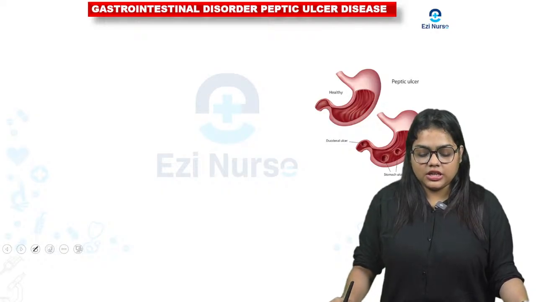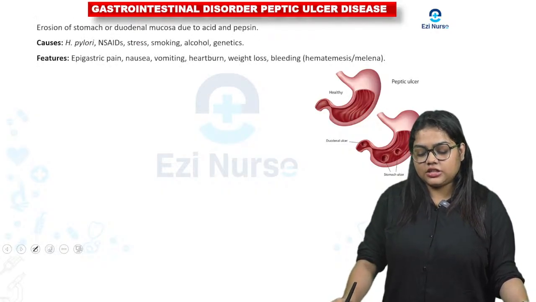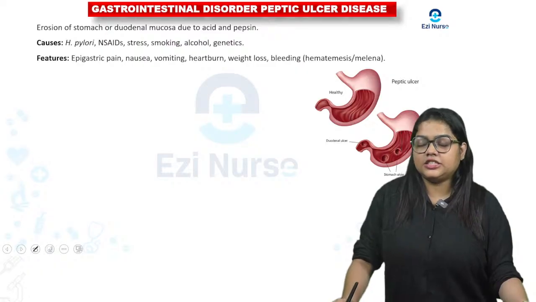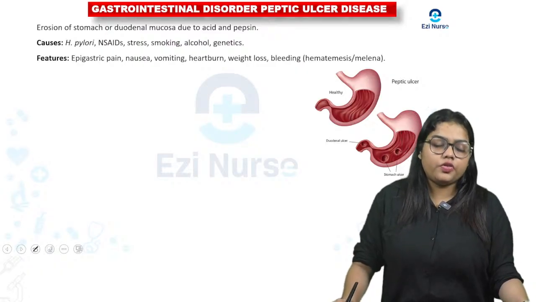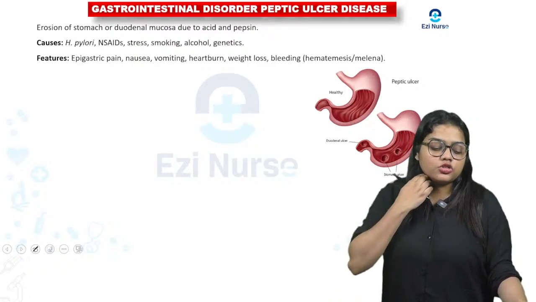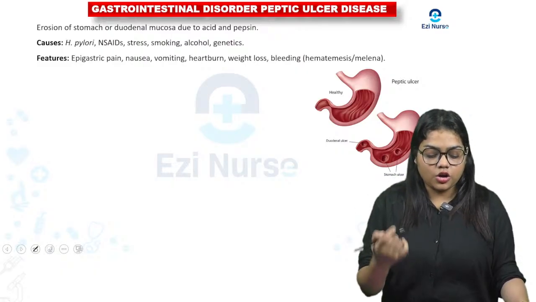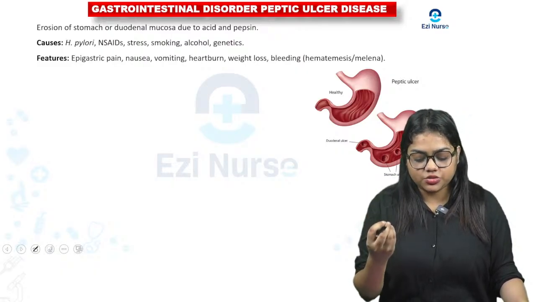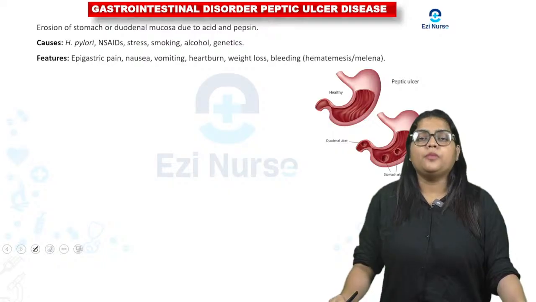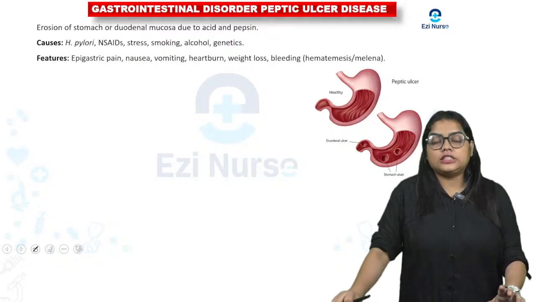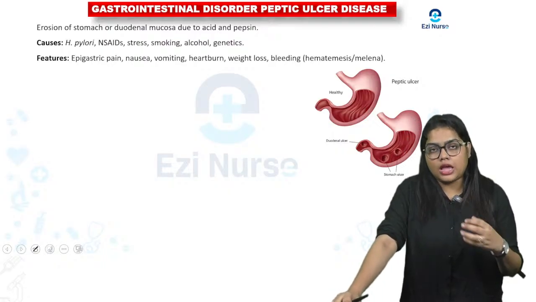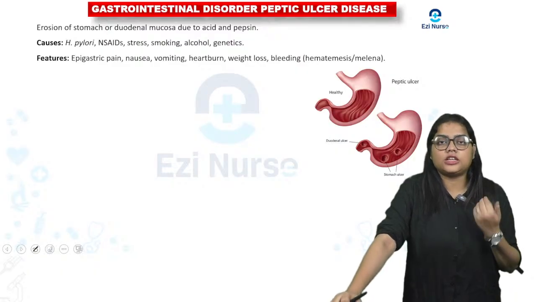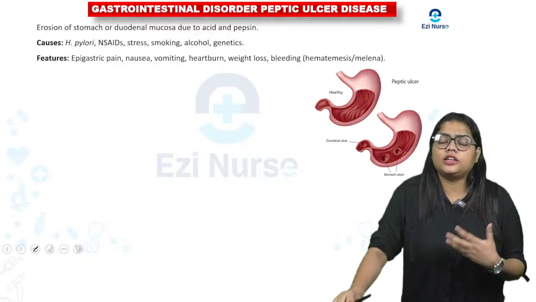The next question is gastrointestinal disorder, or peptic ulcer disease. How can we manage it as a nurse? So first, to know what the main thing is: it is the erosion of the stomach or duodenal mucosa due to acid or pepsin. Especially if the amount of gastric juice is continuously increasing in the stomach and there is no food.